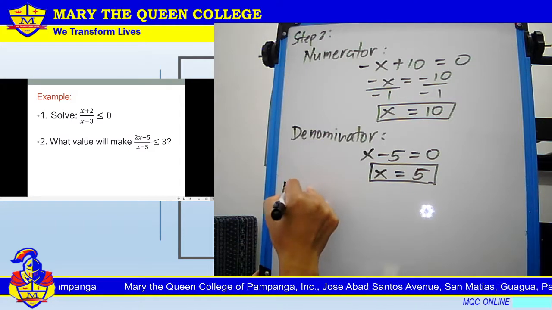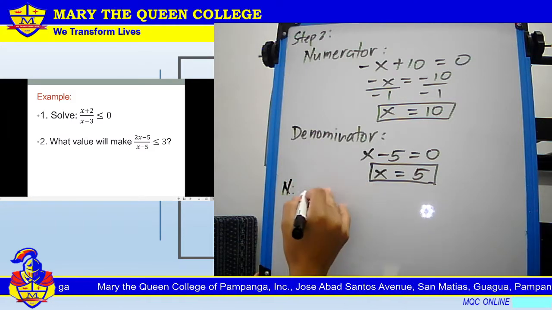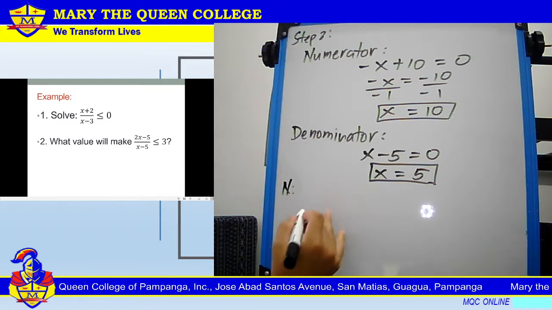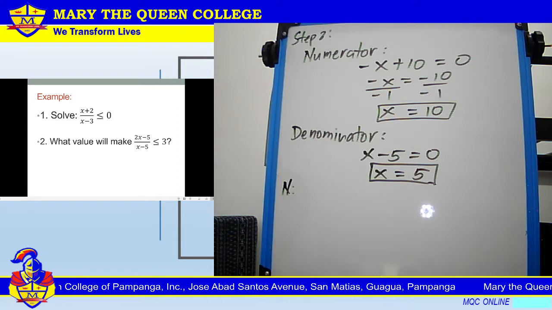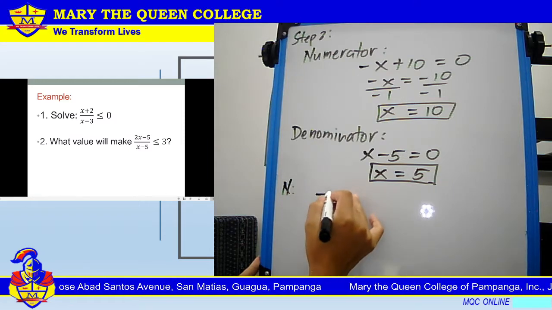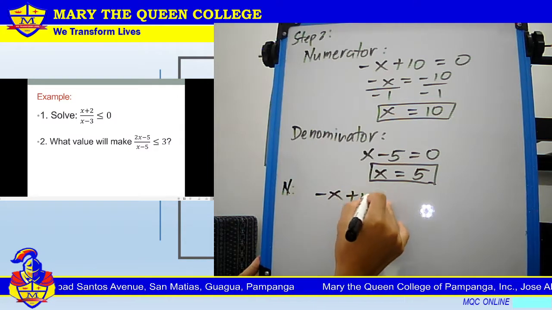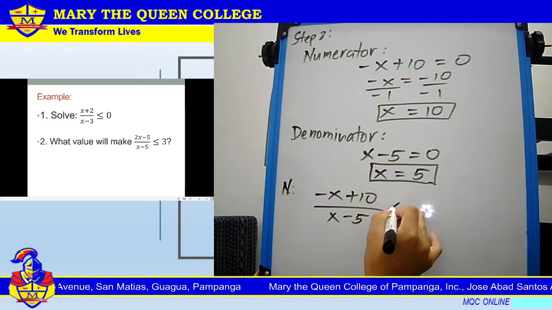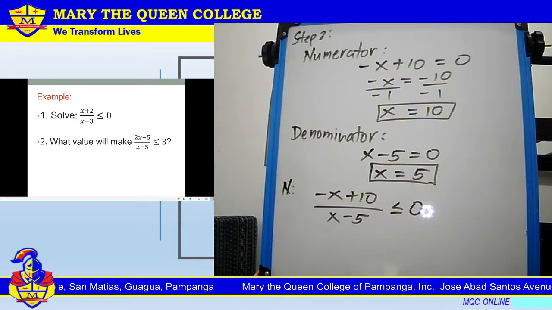So for example, for the numerator, we have 10. Using the newly formed inequality, which is negative x plus 10 all over x minus 5 is less than or equal to 0.